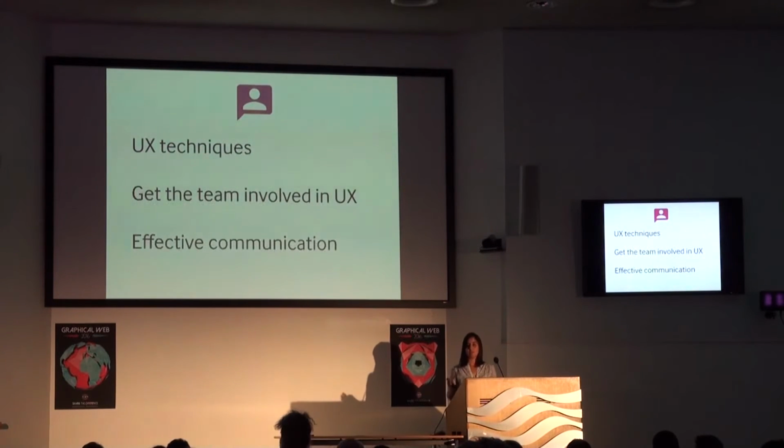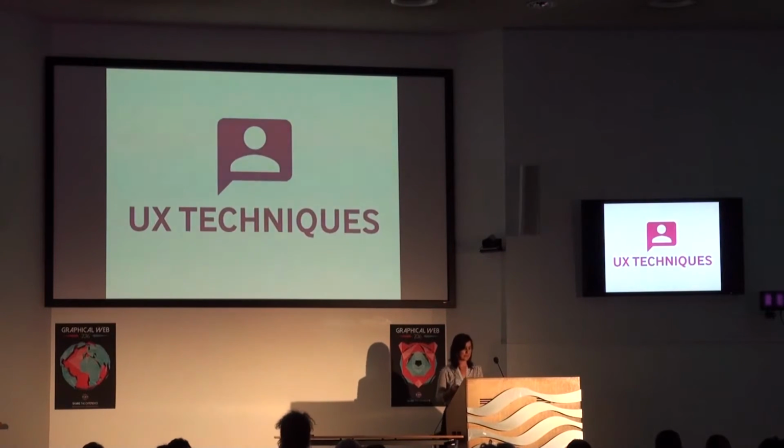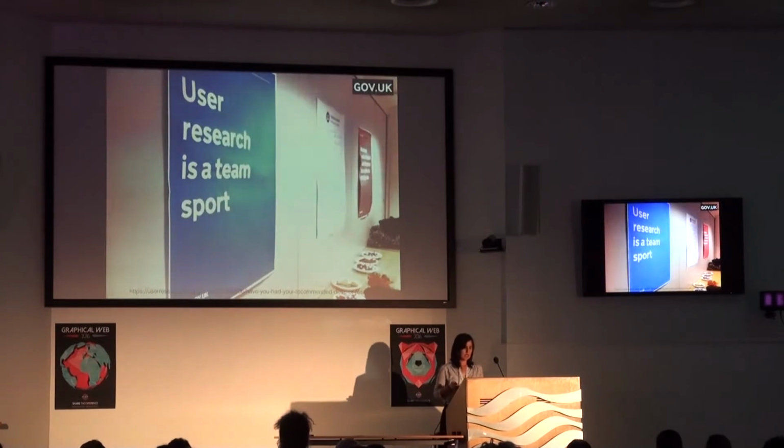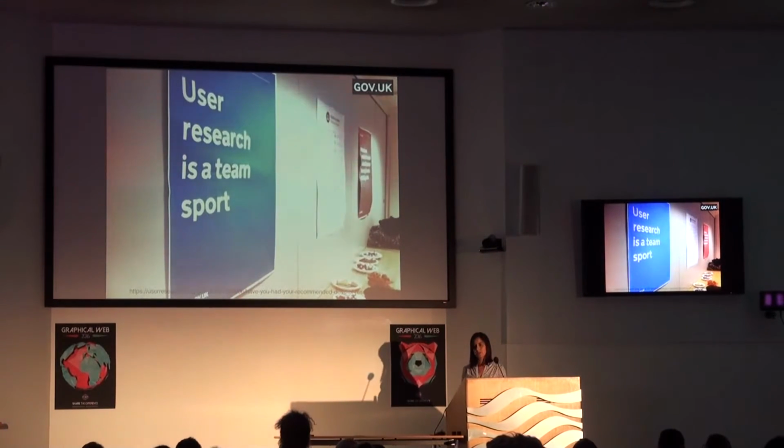How to get your team involved in the UX process, and effective communication between team members, between people who have come from different disciplines. I'm not sure how much you're familiar with the work that the Government Digital Service is doing.